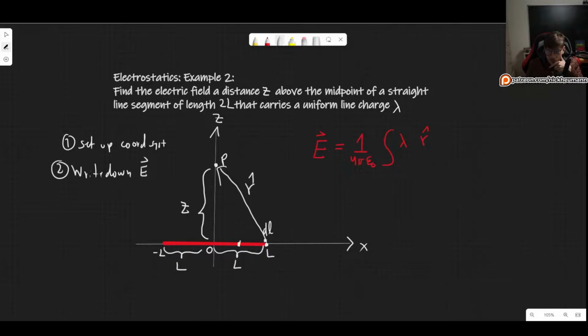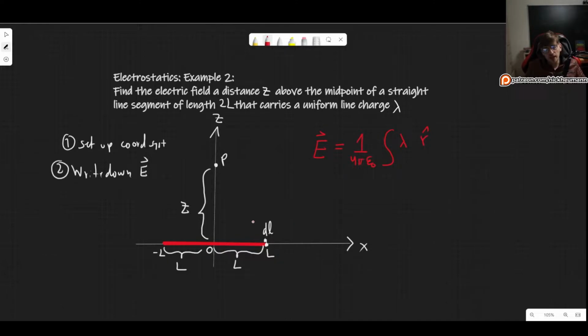But when we take a dl over here, we will have a different r hat, and if we take a dl over there, we will have a different r hat. So my point is that r hat clearly has an implied dependence on where we are on this segment of the line. That means you can't just write it outside of the integral. Do not fall for that mistake.